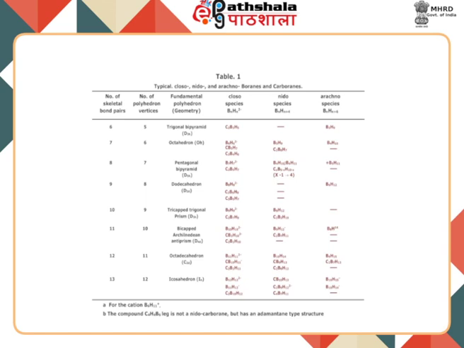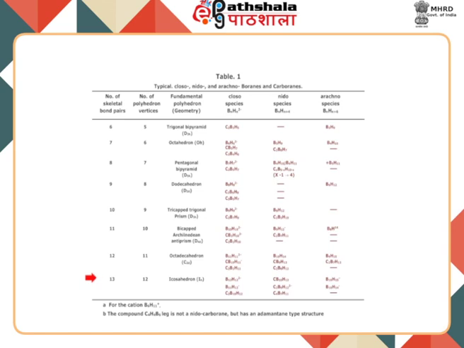Now, when the number of skeletal bonded pairs is 13 and the number of polyhedron vertices is 12, the geometry is icosahedron, also represented as Ih. The examples under closo species are B12H12 2- and B11H12- and C2B10H12.